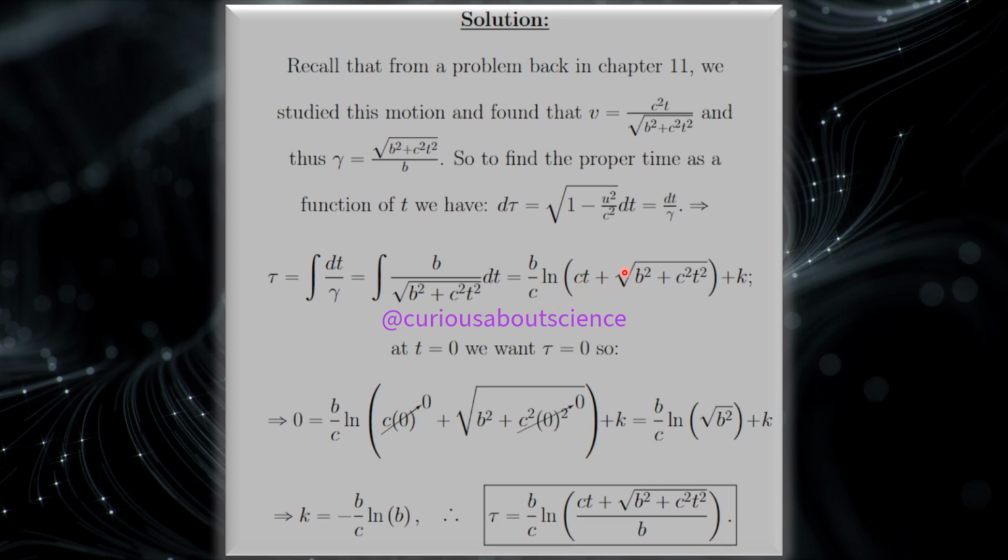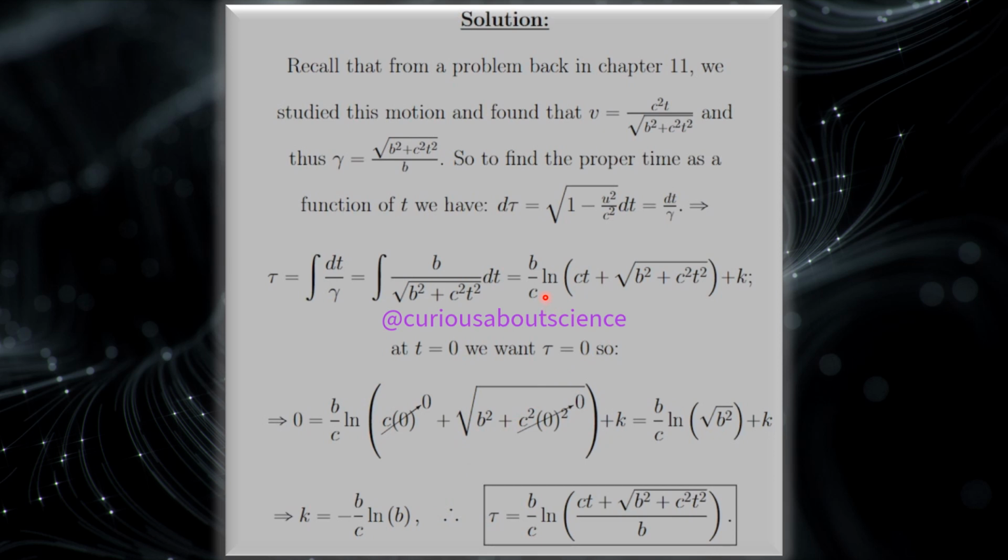Then we have ct plus the square root of b squared plus c squared t squared, and then some constant that we have to solve for. Remember that at the point where tau equals 0, so does t. We set our clocks that way, so we can quickly solve for the constant by setting both t and tau equal to 0. Wonderful. We get some nice cancellations, and we see that k is equal to negative b over c ln of b.